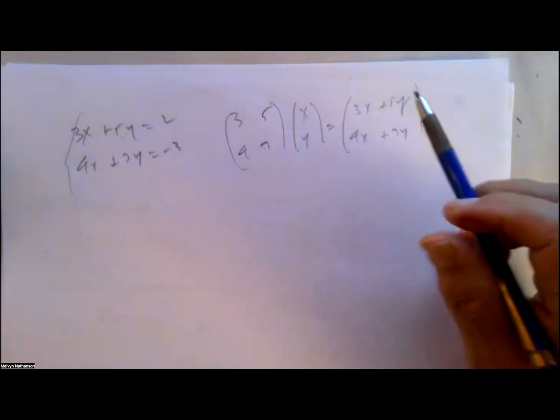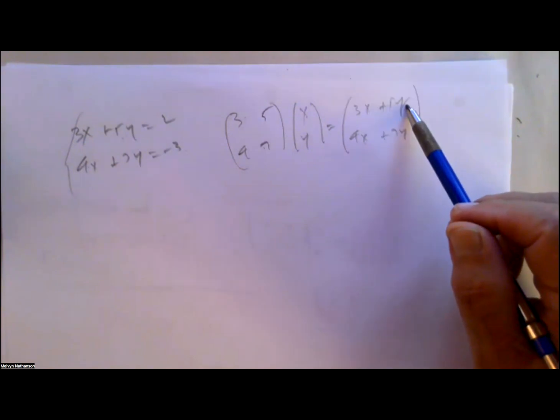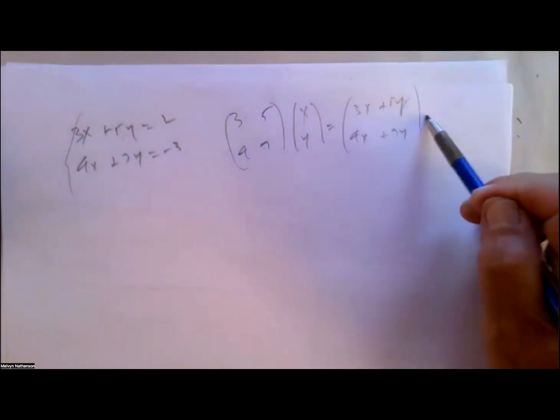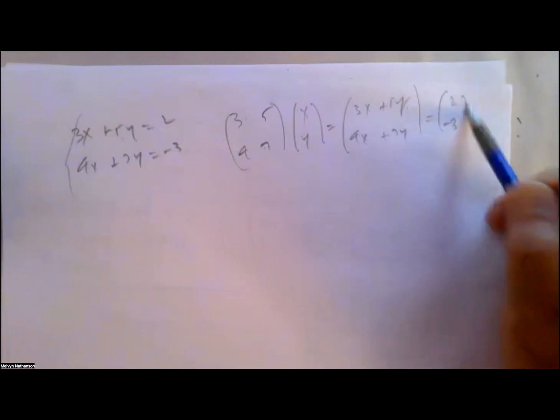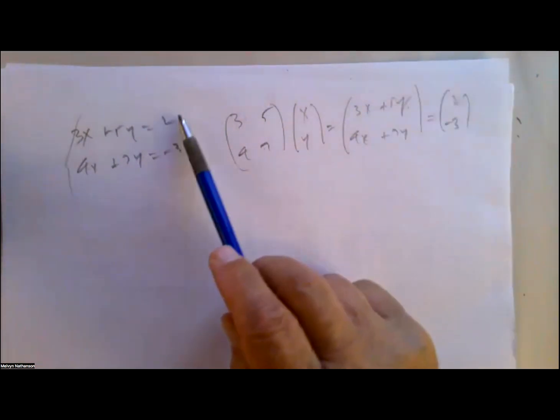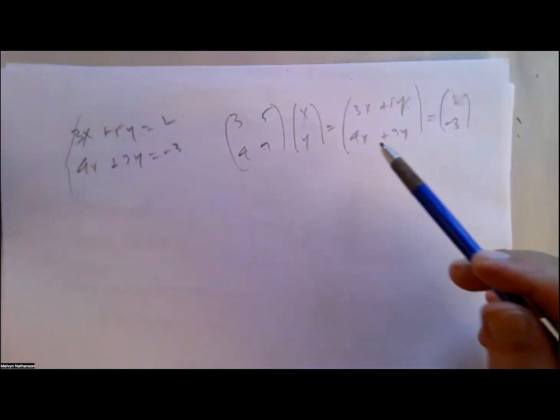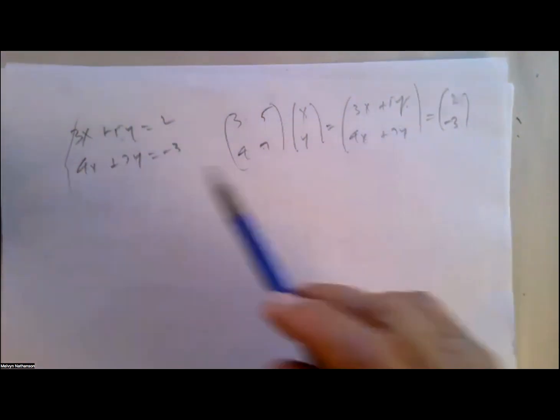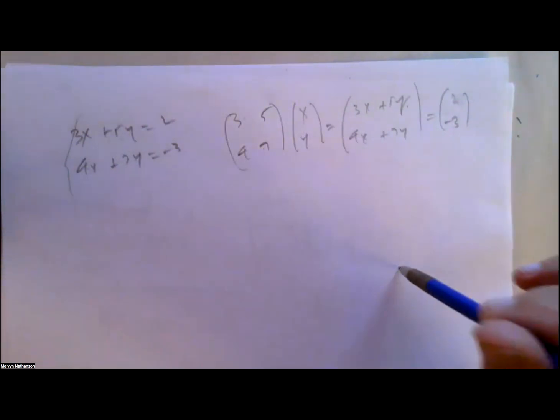And I want to find numbers x and y such that this vector equals 2, minus 3. Because this says exactly that 3x plus 5y equals 2, the first equation, and 4x plus 7y equals minus 3, the second equation.